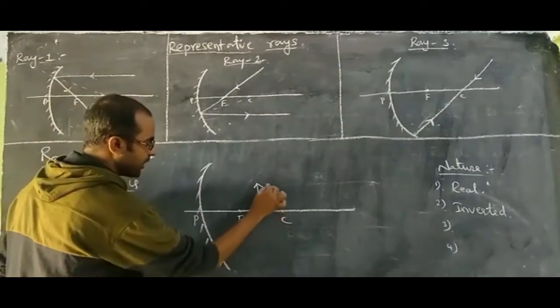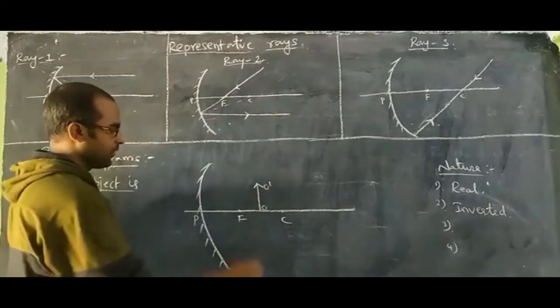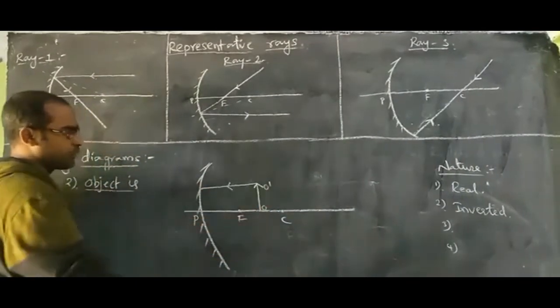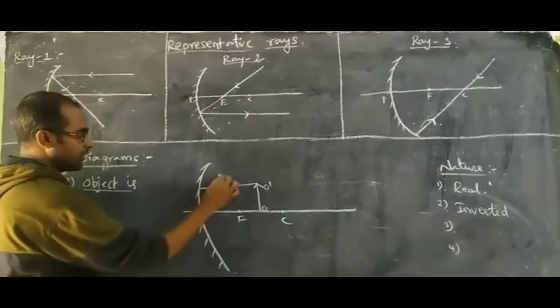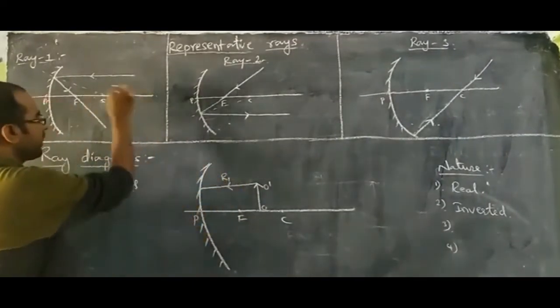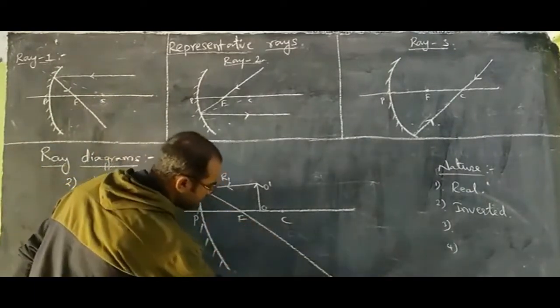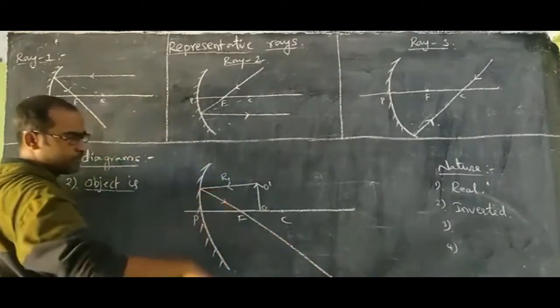Represent the object as O dash. And let us take the first ray, which is parallel to the principal axis. Ray 1 I have taken, and after reflection it passes through the focus.